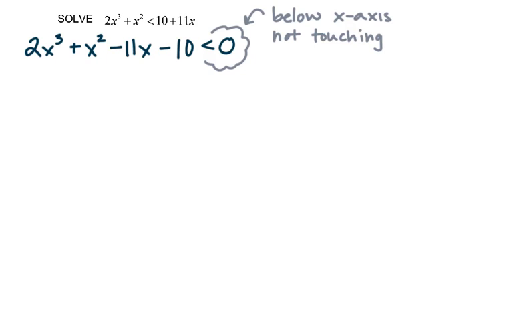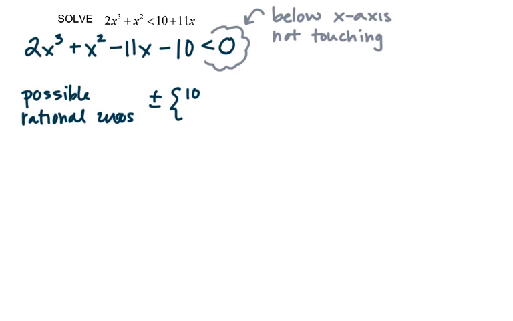And the rational zeros theorem says the possible rational zeros are going to come from plus or minus factors of the constant. In this case, the constant is 10. So 10, 5, 2, and 1, those are all factors of 10, divided by factors of the leading coefficient. And the leading coefficient here is 2.